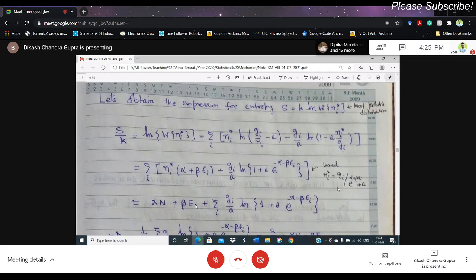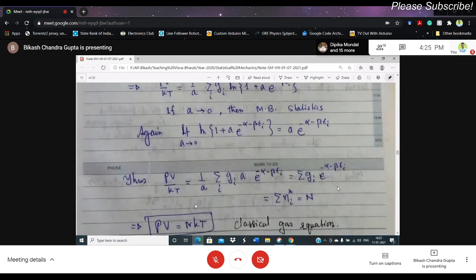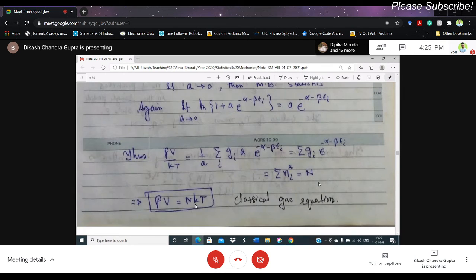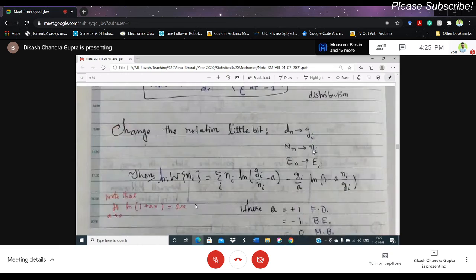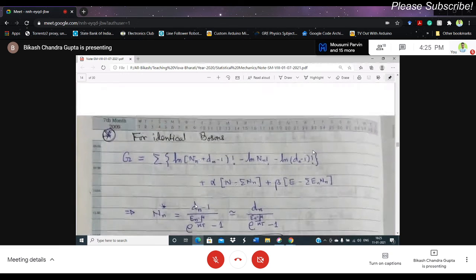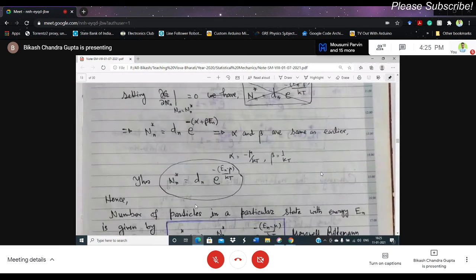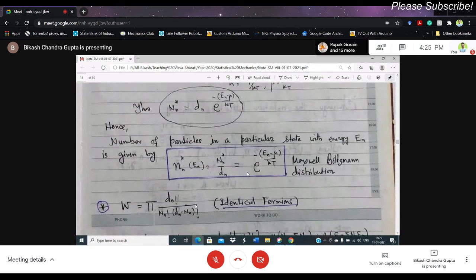Where is the expression for classical statistics? For classical, ni by gi equals e to the power minus alpha minus beta epsilon. If you go to the classical statistics, it is the first one, this one. You see, this is ni and this is gi, and therefore ni equals gi e to the power of minus epsilon i minus mu by kT.